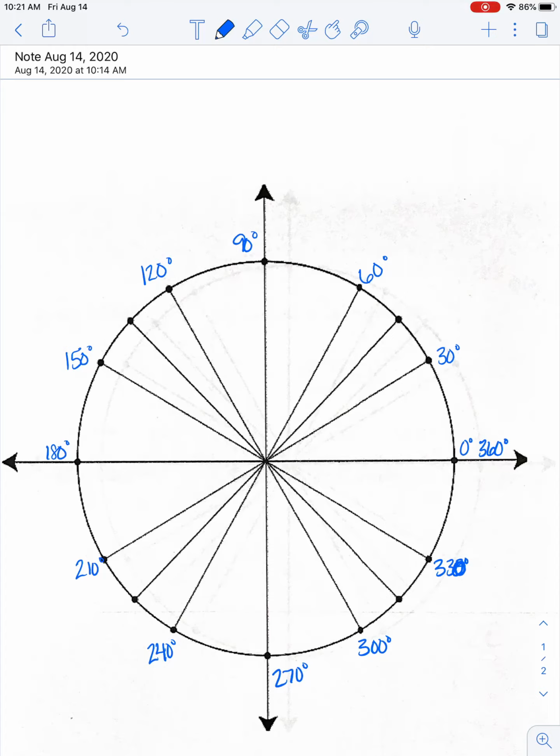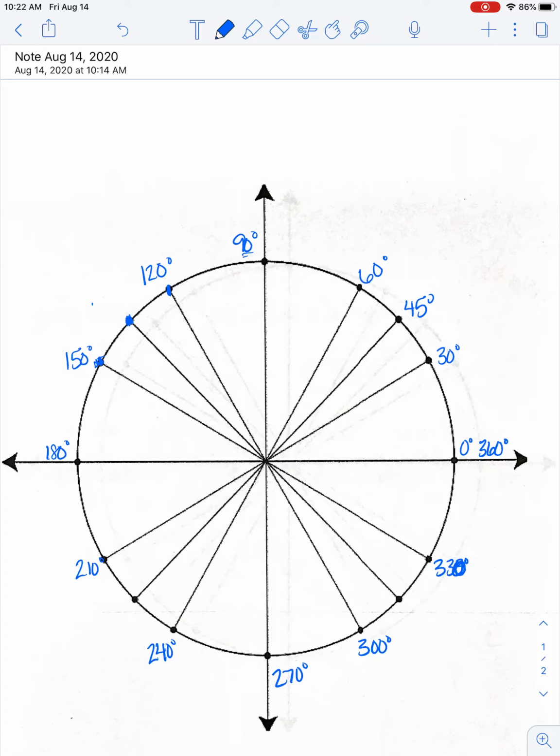Also, notice I skipped my 45s because I go back and walk it again in 45s. When I walk it in 45s, remember that you're also walking the north, south, east, west, just that you already have. So this is 45, and then we get to the 90, and then I can either add another 45 to get this guy, or if you'll remember, the distance from 120 to 150 is 30 degrees, and you can just cut that in half.